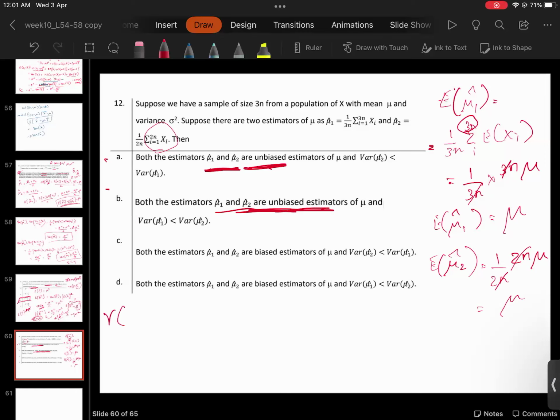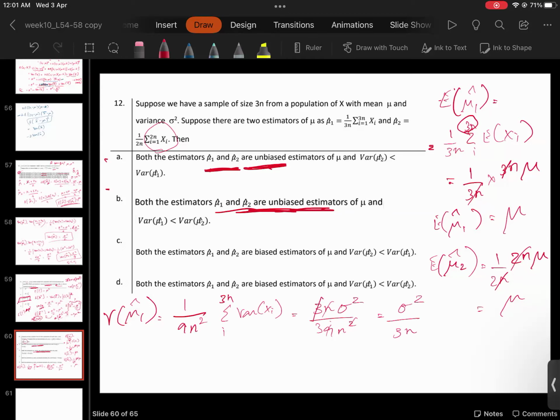So variance of mu1 hat is equal to, you have 1 by 3n, so that constant becomes square: 1 by 9n square into summation i to 3n variance of xi. So you'll have 3n sigma square by 9n square, which is sigma square by 3n.